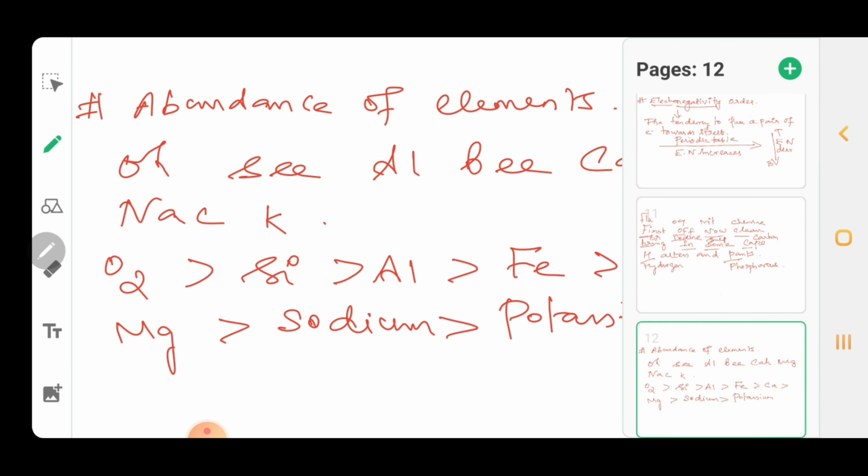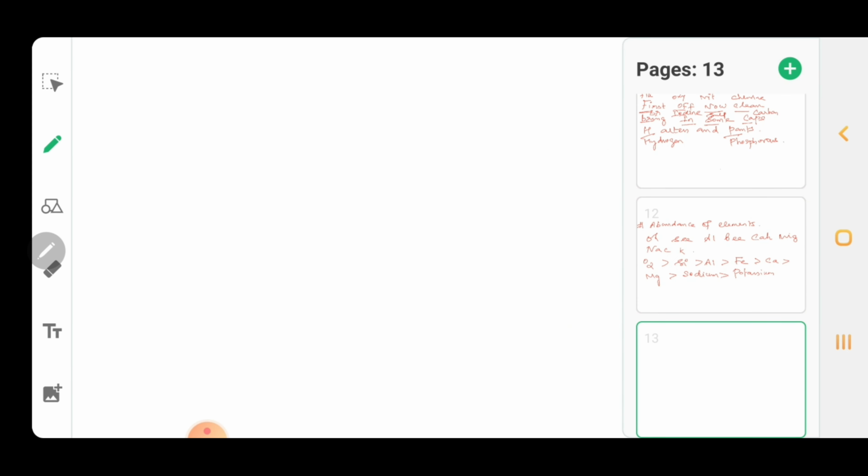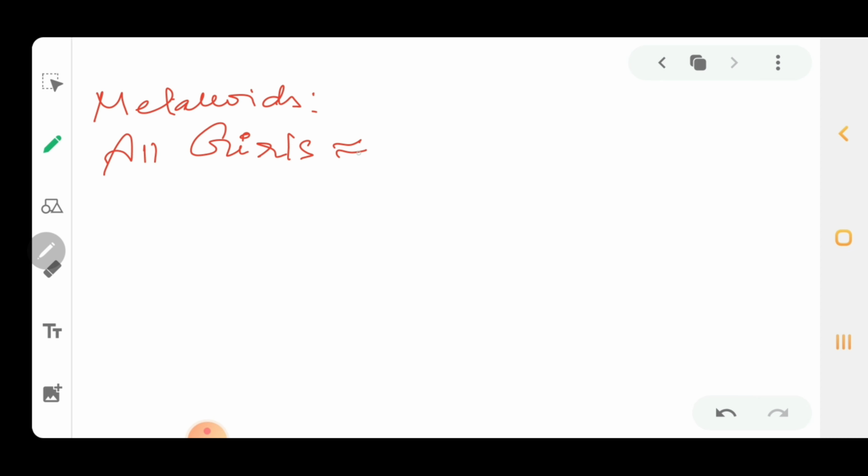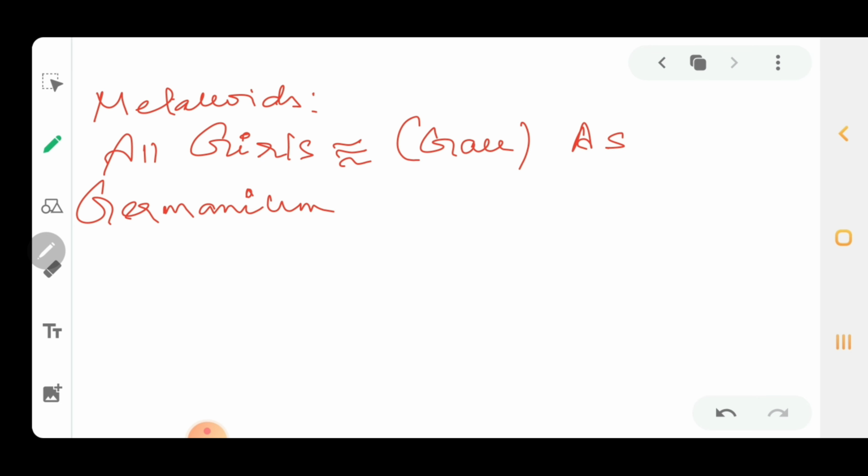Okay, next we will see another trick in order to remember the metalloids. You remember it as all girls, which you can call gal, as germanium anti.